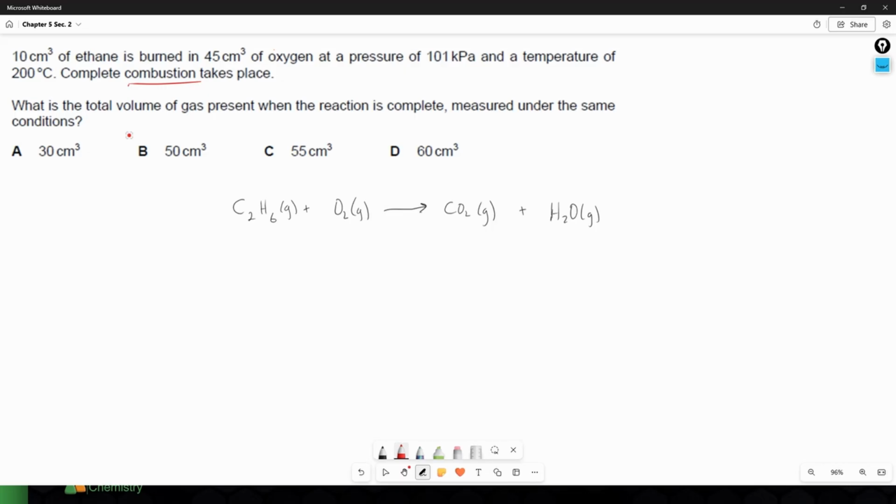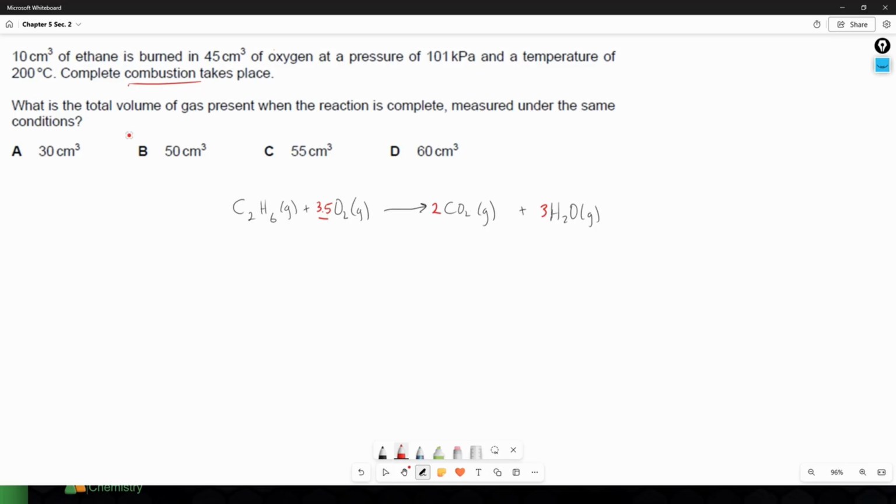So we have 2 carbons, so we put 2 carbons here. We have 6 hydrogens, so we have H2O here, so 3 times 2 is 6. And that's where we get into a problem. We have 2 times 2 is 4, plus 3 is 7 oxygens. But because we have a 2 here, we will have to put 3.5 as our coefficient. 3.5 times 2 is 7. We can't do that, right? We can't have a decimal as a coefficient.